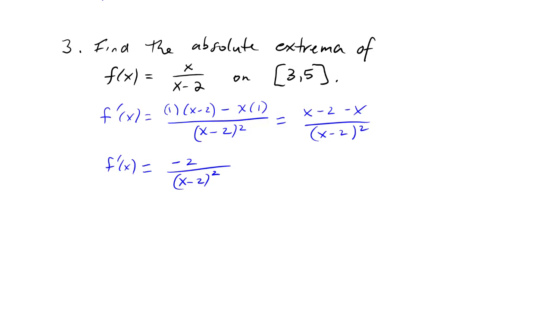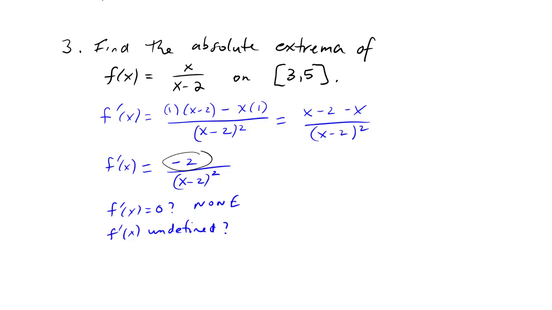Okay. So let's ask our questions. The derivative 0, derivative undefined. Okay. The derivative being 0, well, it can't be. The numerator of this fraction here is minus 2, which can't be equal to 0, so none. There's no places where the derivative is 0. Where's the derivative undefined?